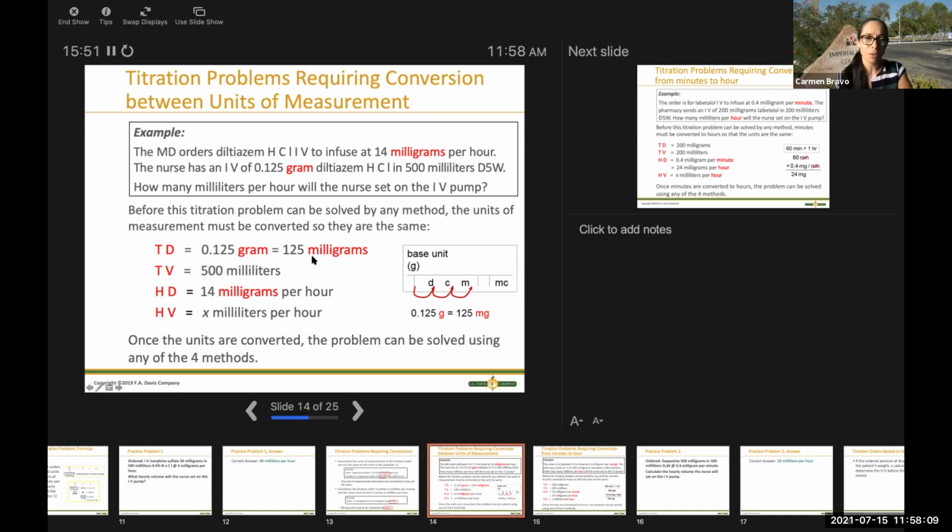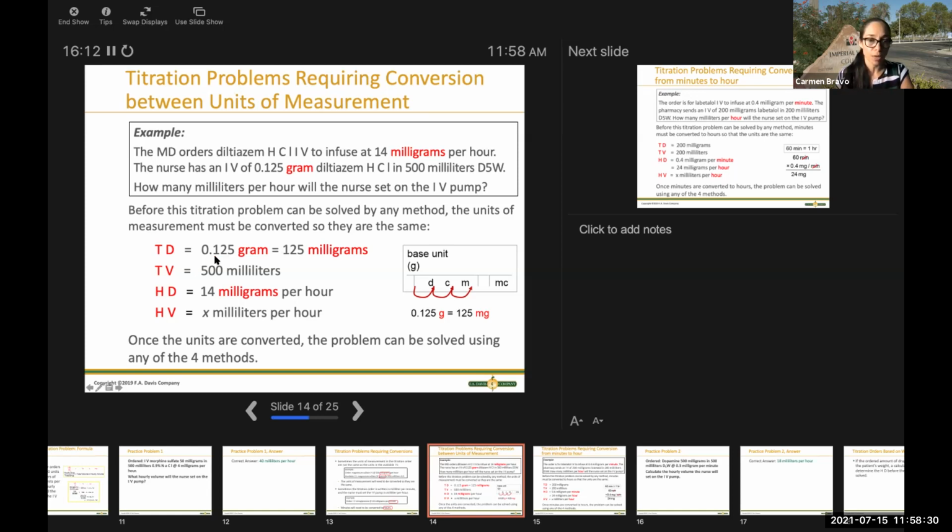Okay, so these are the most typical, guys, and then you get to memorize it. I'm sure you probably already are memorizing that every time you have to convert from grams to milligrams, you go 3 spaces to the right. And if you're in milligrams and you want grams, you go 3 spaces to the left. So it becomes part of your knowledge.